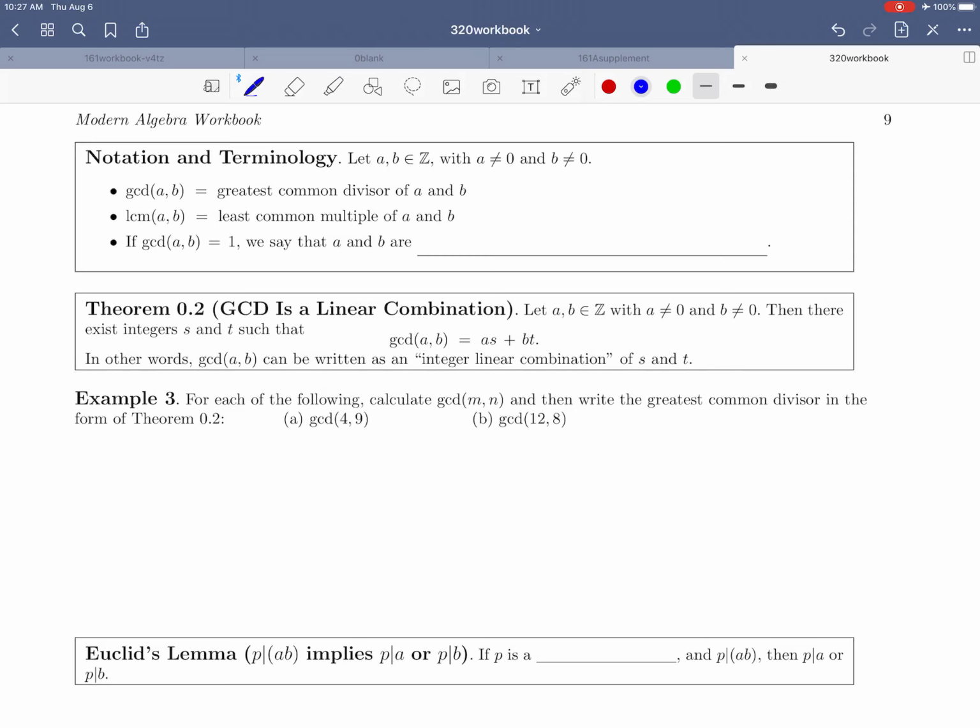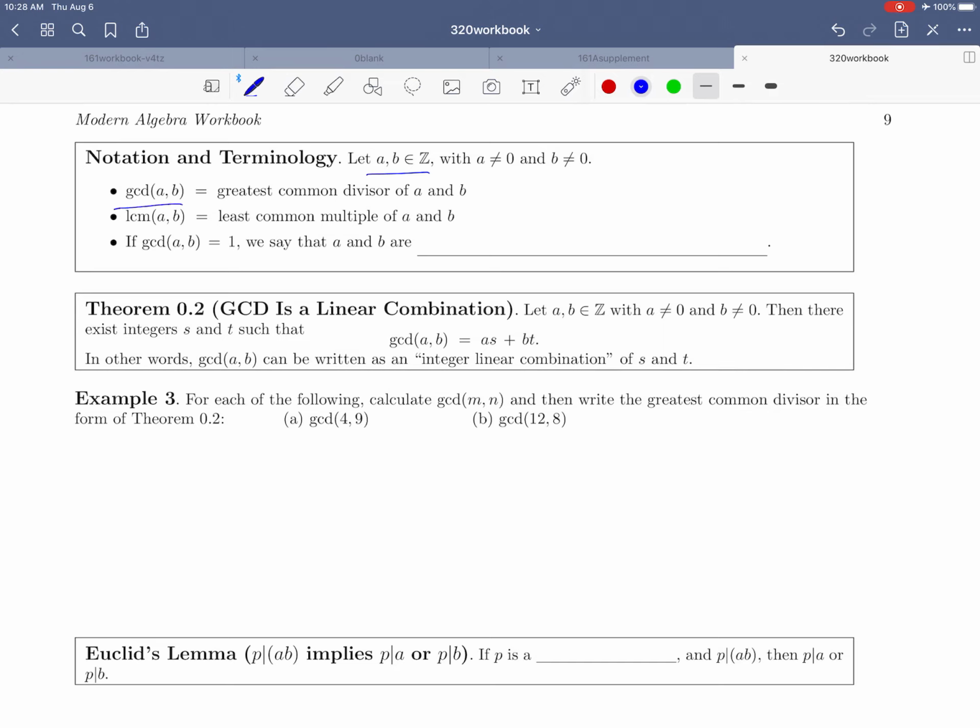In this video, we are going to look at a little bit of terminology and notation that you might be familiar with. So we are having, again, two numbers, a and b, integers, and neither of them is 0. Then we call the greatest common divisor of a and b the GCD of a and b.